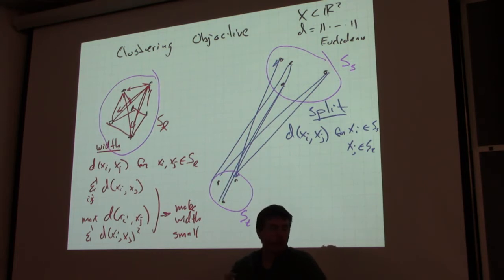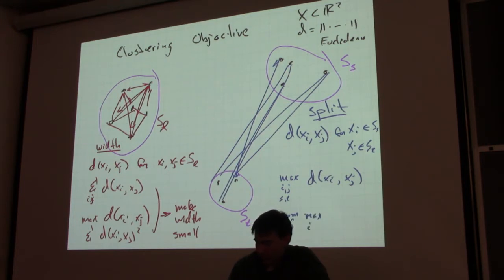Or, I'm sorry, I want the split to be large. So this can be the max over all i, j, s, t of d of xi, xj, or the sum over i, j and the max of s, t.